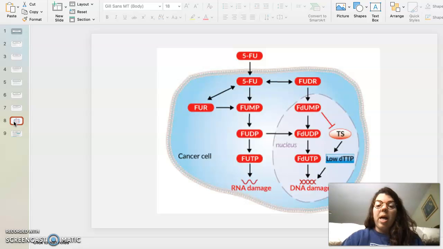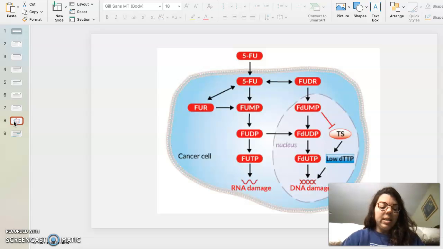So another pathway is the conversion of FDUMP, which occurs inside the nucleus. Thymidylate synthase works by catalyzing the methylation of DUMP into DTMP.